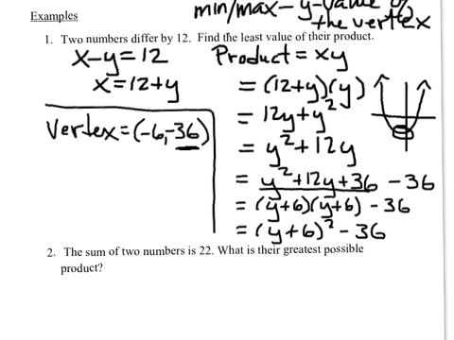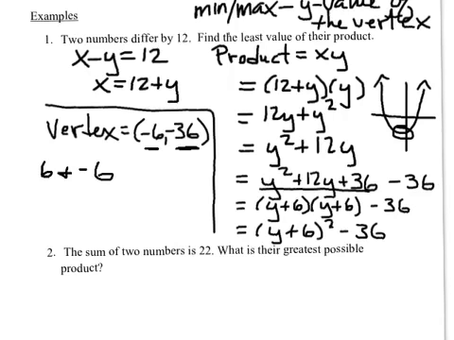What does the negative 6 tell me? It tells me that one of the values is negative 6. Since two numbers differ by 12, if one of them is negative 6, the other one has to be 6. So my two numbers are 6 and negative 6.